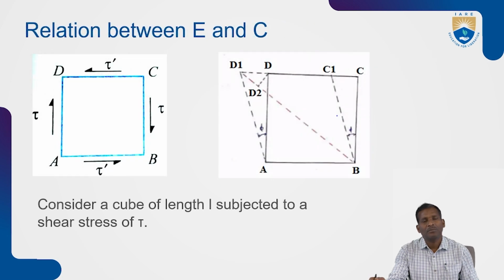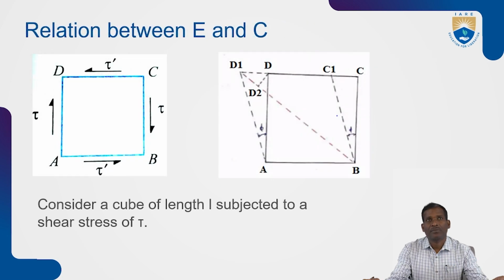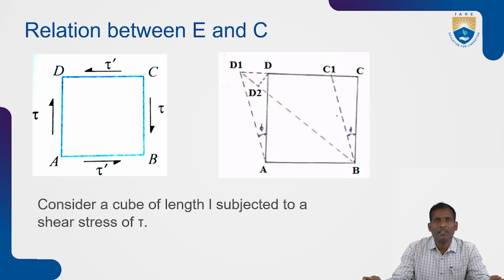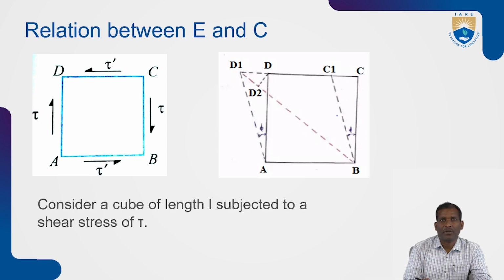Next, we will see the relation between E and C. So what is E? The modulus of elasticity or Young's modulus. Already you have learned Hooke's law. The law says stress is directly proportional to strain.